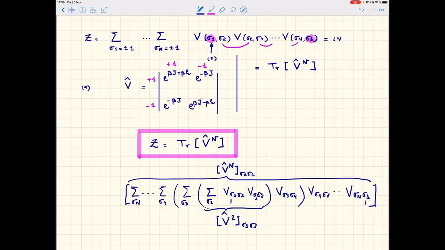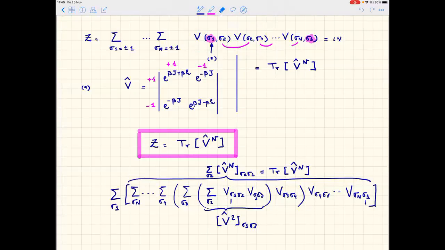And then the last summation that remains is the sum over sigma 1, which I didn't do. But the sum over sigma 1 of V to the power n, sigma 1 sigma 1 is equal to the trace of V to the power n. And therefore, I get this identity that Z is equal to the trace of V to the power n. Did you get it? Yes. Good. Excellent.